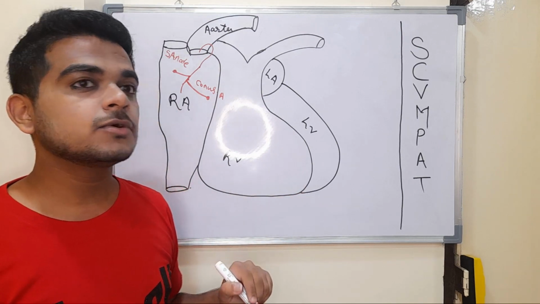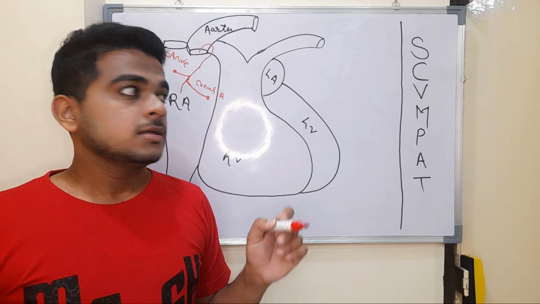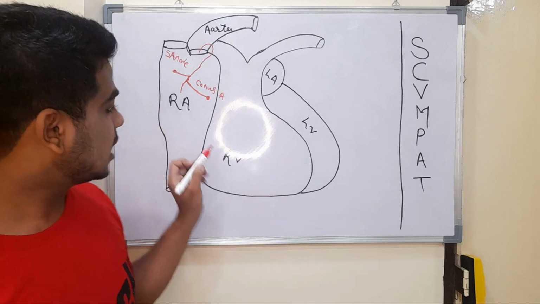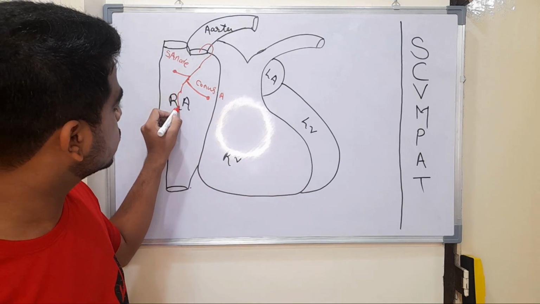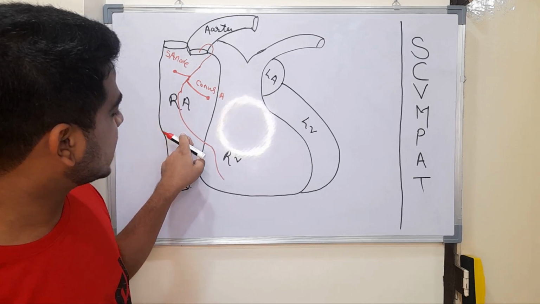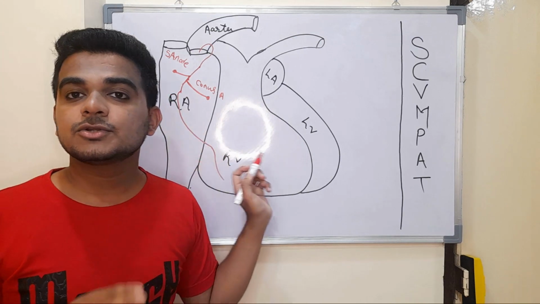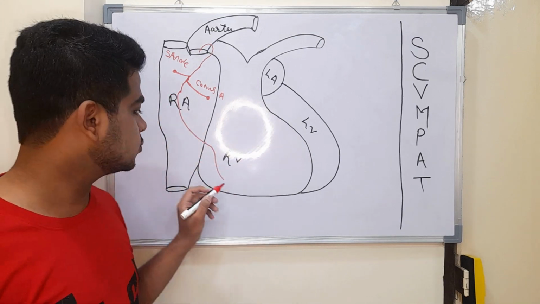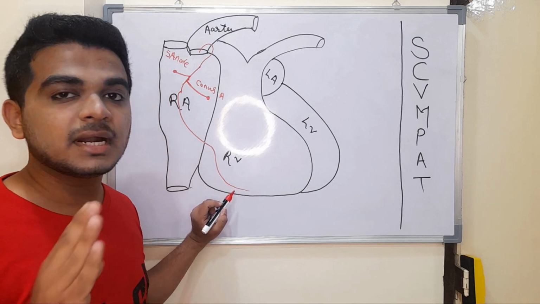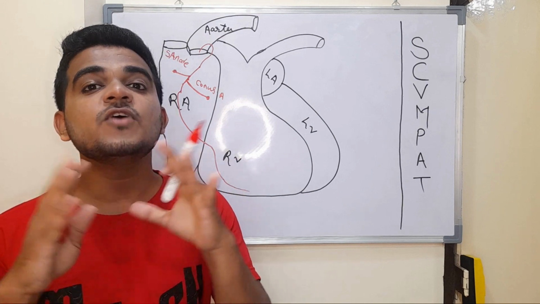Then, as I told you, after emerging on the right atrium, the right coronary artery goes downward through the atrioventricular groove. This is the groove between the right atrium and right ventricle. Through this groove it goes downward, but on the right ventricle it gives ventricular branches.